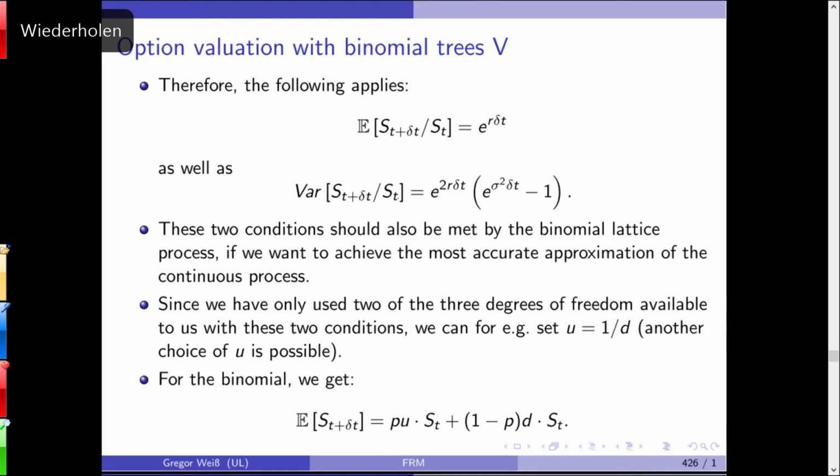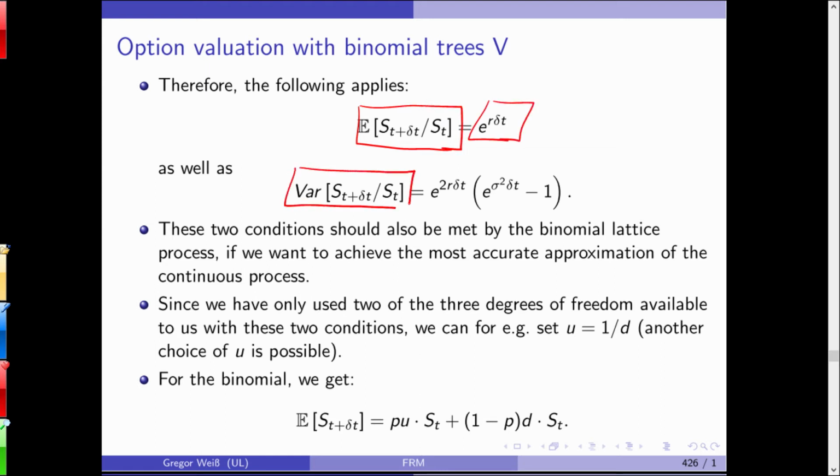How shall we do this? So we need the expected value of the returns to be equal to this, and we require that the variance of the relative returns is equal to this. This is true for the continuous process. Now this should be met by the binomial lattice process as well.